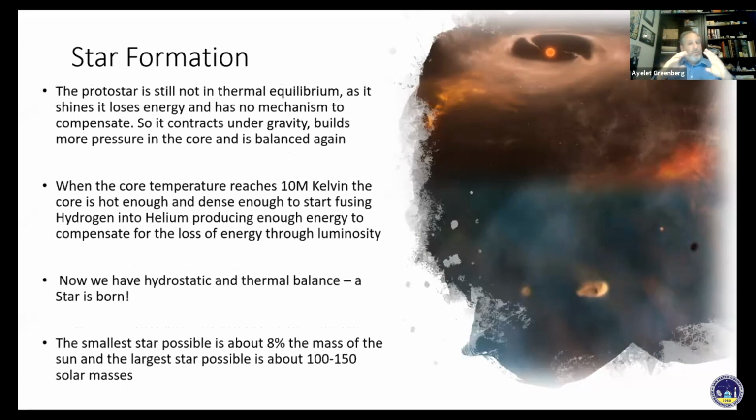So the first phase was creating the protostar. The second point is achieving that thermal equilibrium that I spoke about earlier. The protostar is still not in thermal equilibrium because it's shining away, and shining away means it's losing heat, it's losing energy into space, and it has no mechanism in the core to compensate for the heat that it's losing.